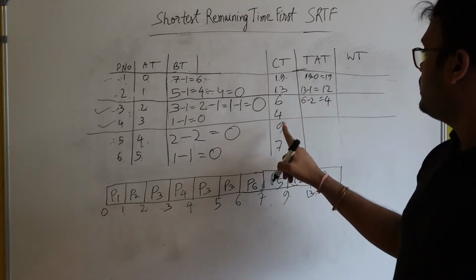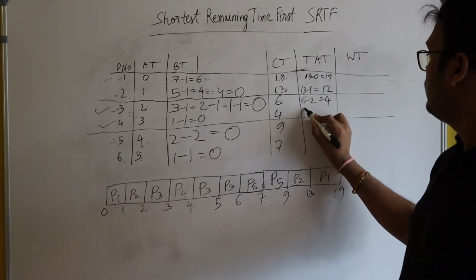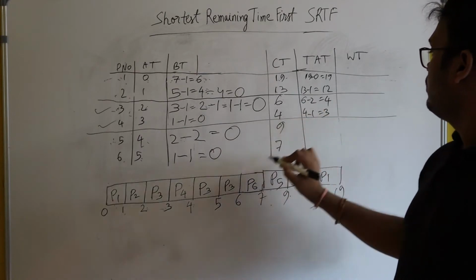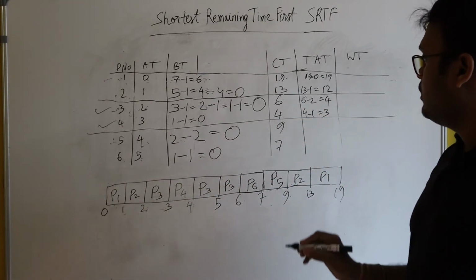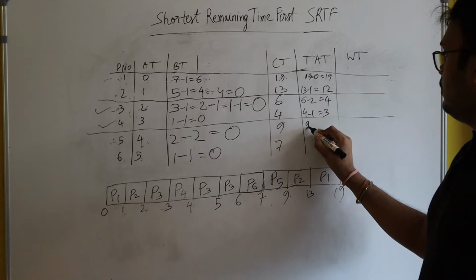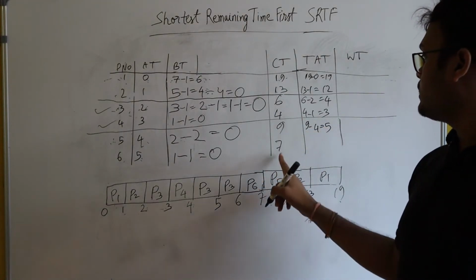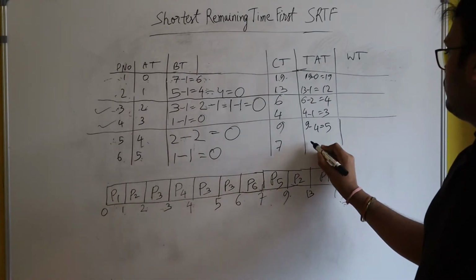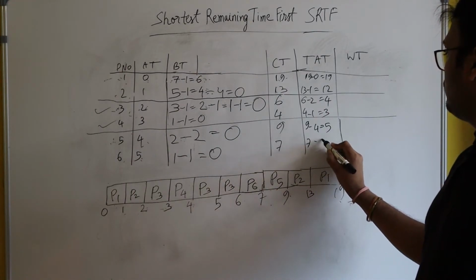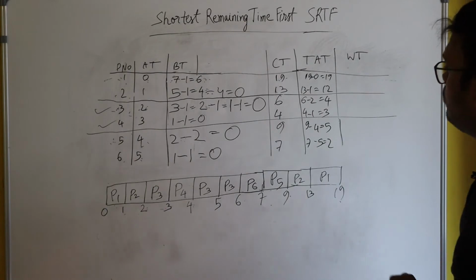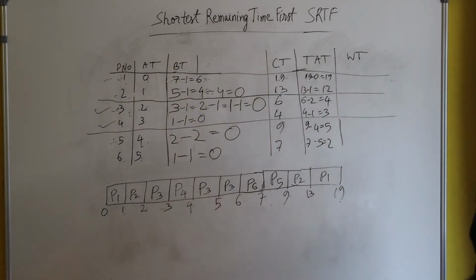Now for P4 it is 4 minus 1 is equal to 3. Then for P5 it is 9 minus 4 is equal to 5. And for P6 it is 7 minus 5 is equal to 2. So these are the turnaround times.